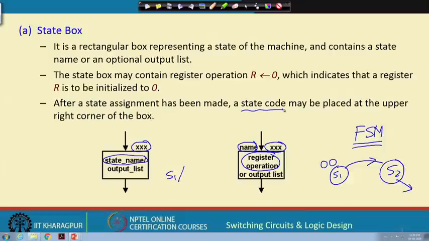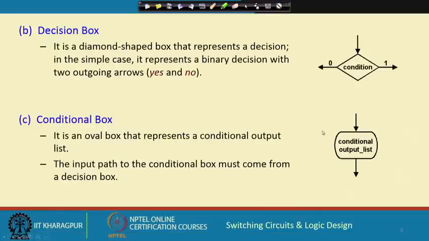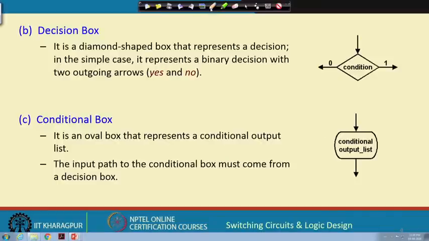Well, we will take some example to show how the state boxes are created, but these are the information it contains, and there can be an optional output list also. Then comes the decision box, just like a conditional box in a flow chart, where if it is true you go here, if it is false it comes here.